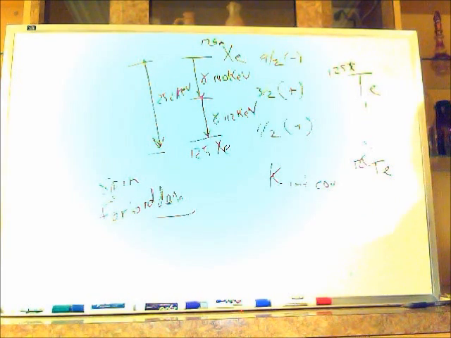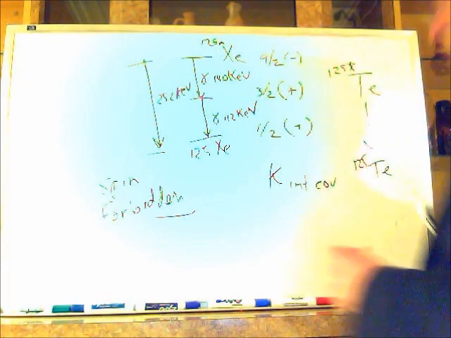So we can actually calculate something called the conversion coefficient, which is alpha sub t.